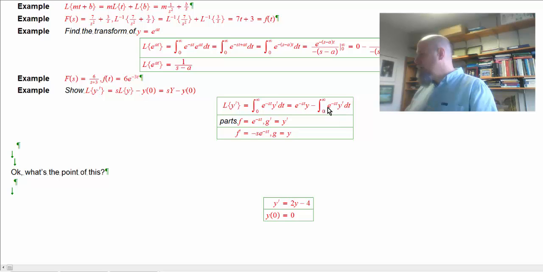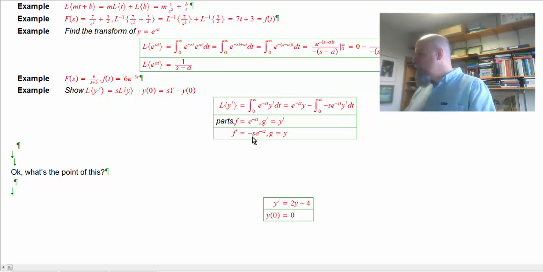I made e to the minus st, so there's a minus s here. There's the f. So from this step to here is integration by parts.